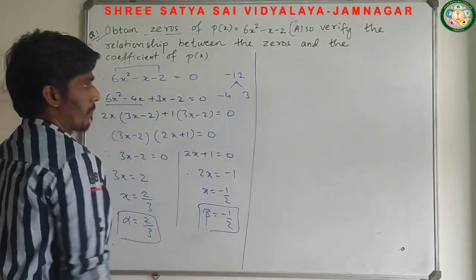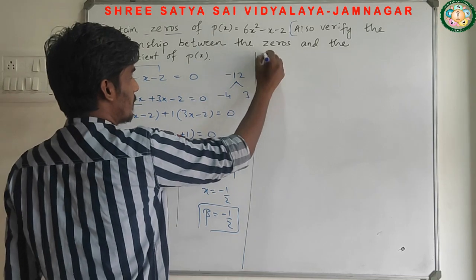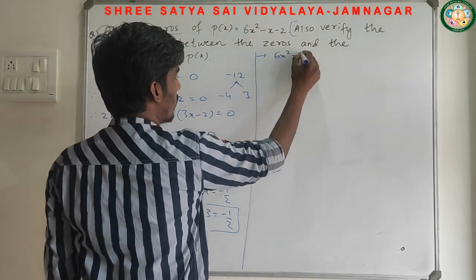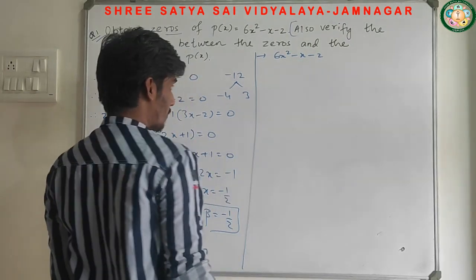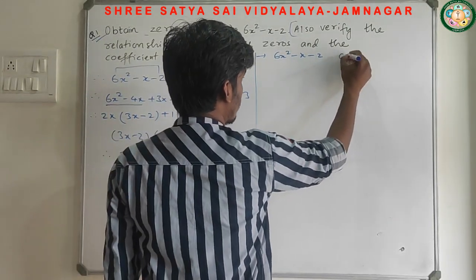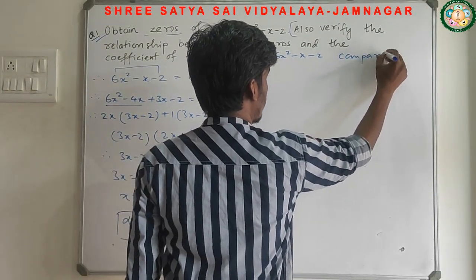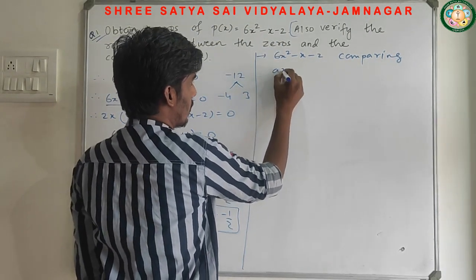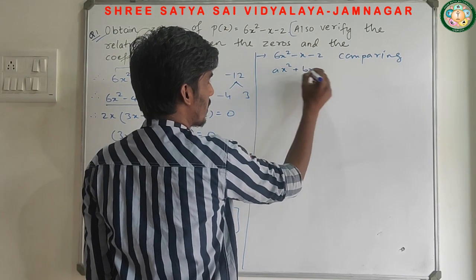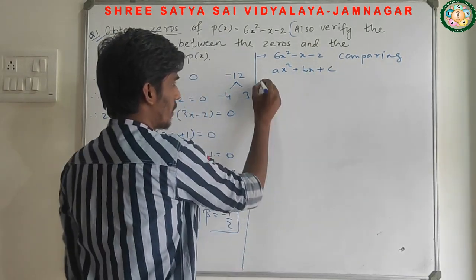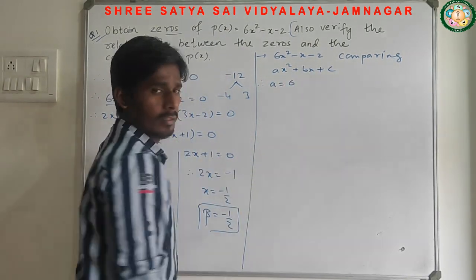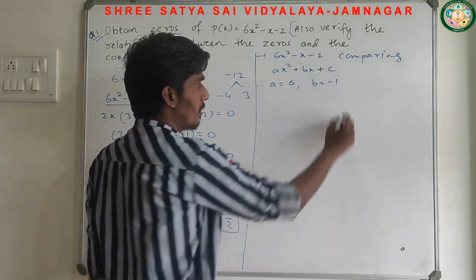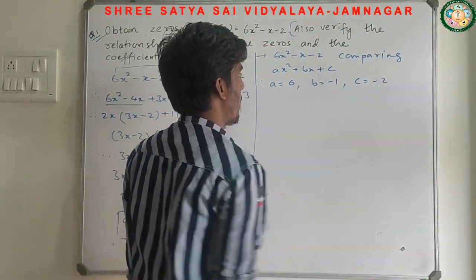Let's take its first condition. First of all, compare this equation 6x square minus x minus 2 with the standard form, that is ax square plus bx plus c. So you can say that a is 6, b is minus 1 and c is minus 2.